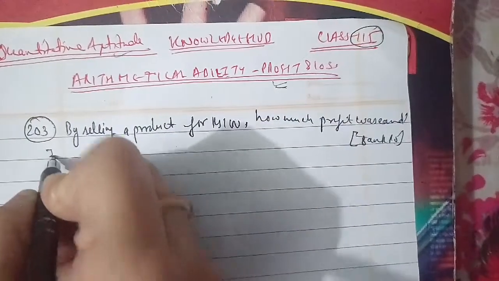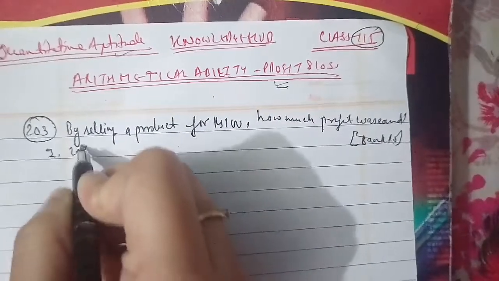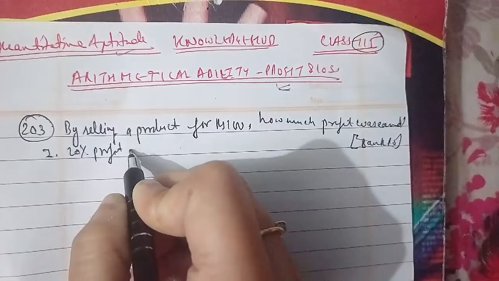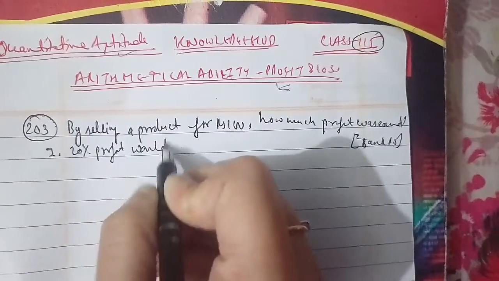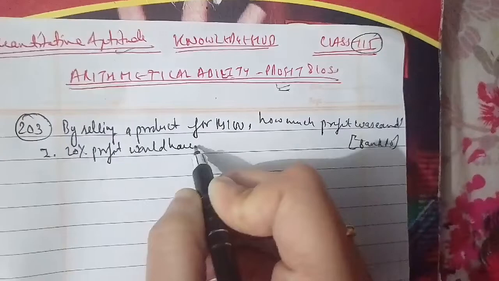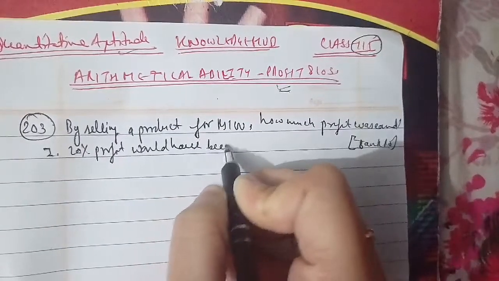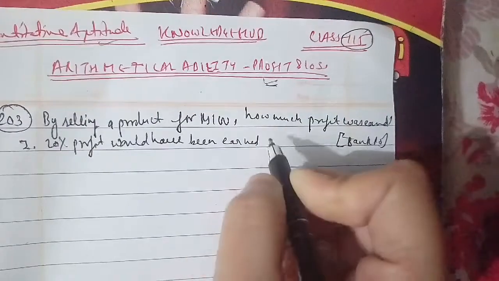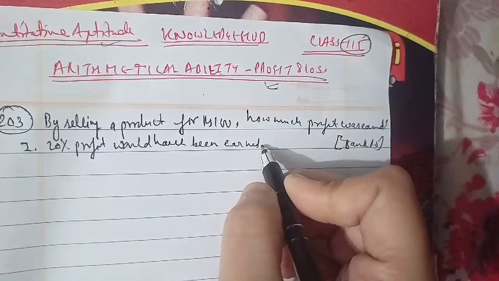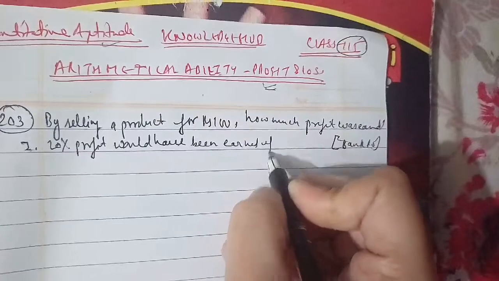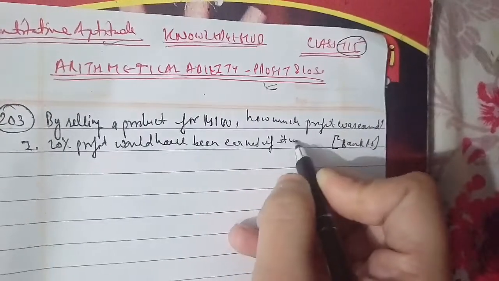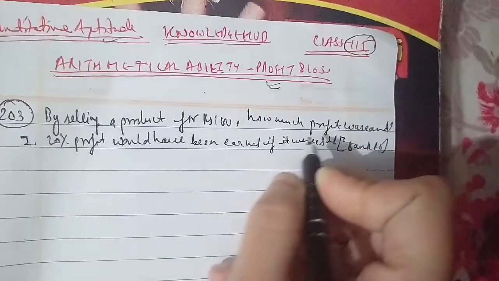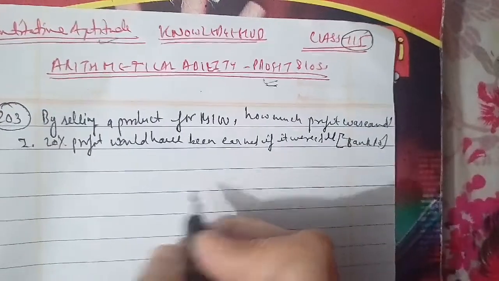Statement 1 we have: 20% profit would have been earned if it were sold for rupees 90.